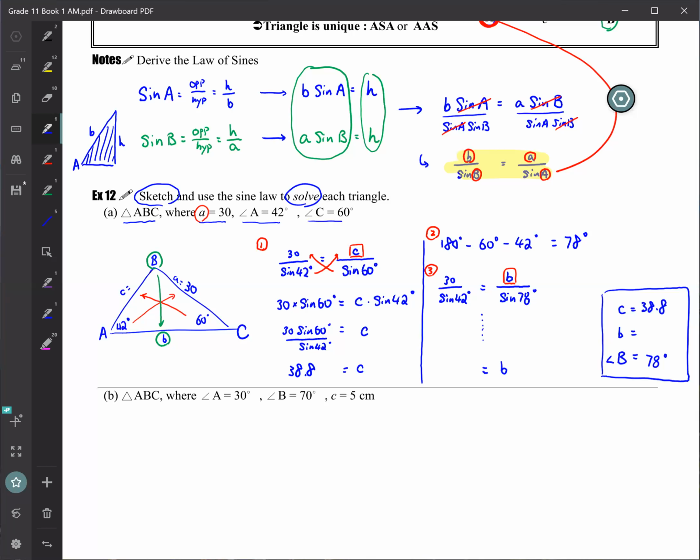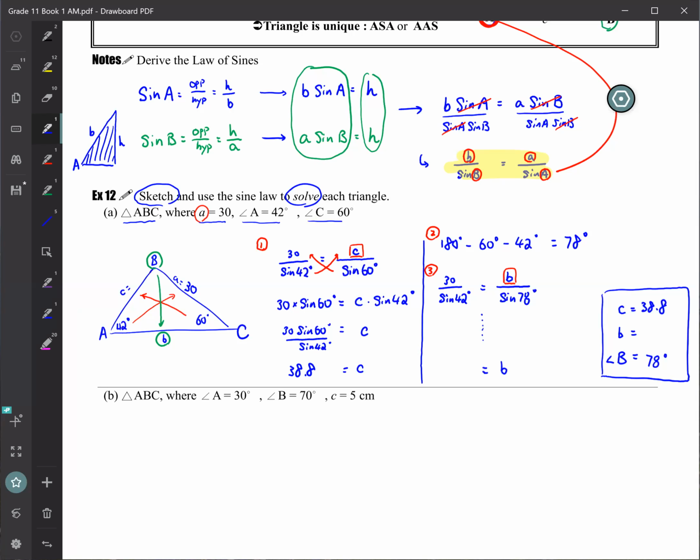43.9, okay? Let's wait for other people. Raise your hand if you have the same answers. Okay, Aaron, any questions? How to cross multiply? No. Okay.